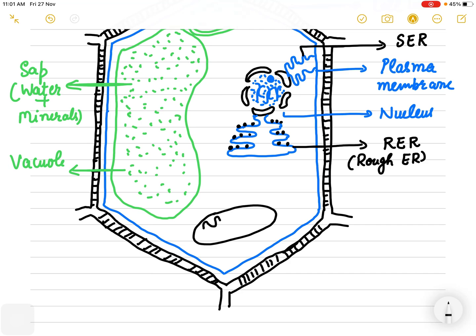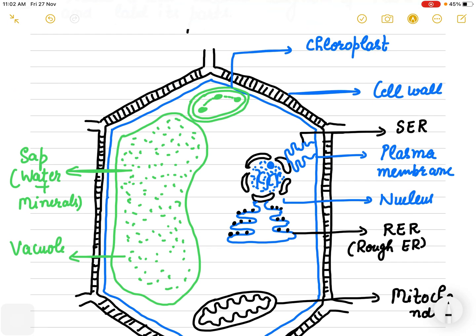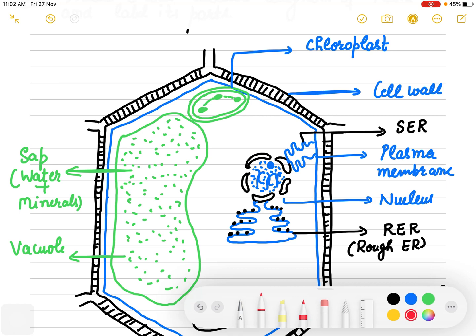Now here let's draw this infolded structure. Last time we drew the complete detailed structure, those infolds which are present in the matrix. So this is our mitochondria. That is what we have drawn here, mitochondria. One more organelle which is found here in plants, let's make it with another color.